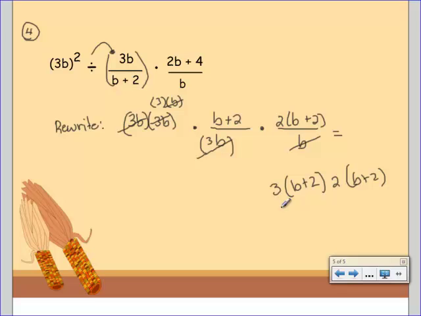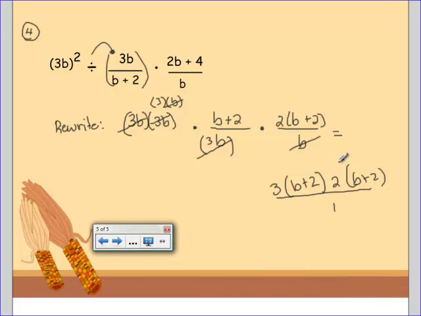And nothing on the bottom, actually a 1 on the bottom, but I don't really like to write that. So if I clean this up, 3 times 2 is 6. And then I can write b plus 2, and I can write squared because I have 2 of them. So that would be my final answer.